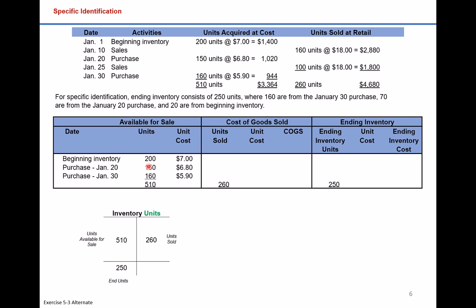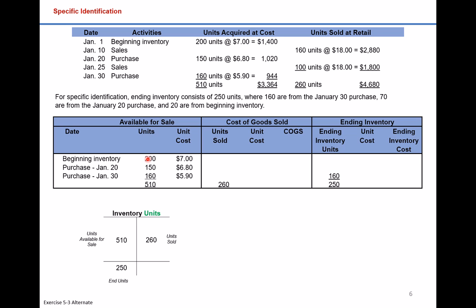So they sold some items, but they specifically sold certain items. They didn't sell any from the January the 30th. Out of the 150 they had available to sell from the January 20th purchase, they sold 70. Out of the beginning inventory of 200, how many did they sell? Well, they have 20 left, so they must have sold 180.